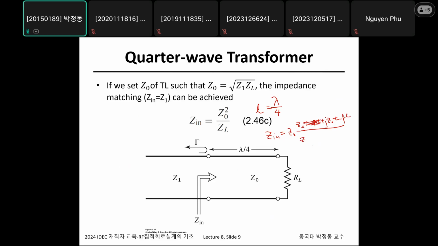Beta is 2 pi over lambda and L is lambda over 4, which is just pi over 2. So the tangent of beta L becomes infinite.